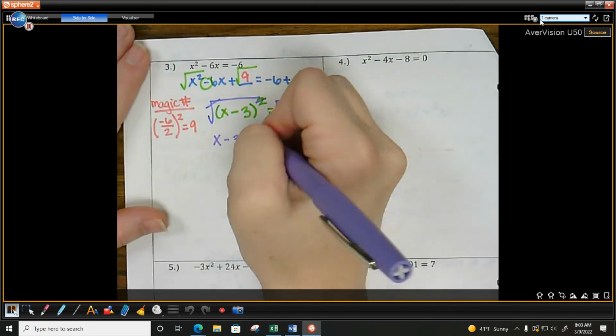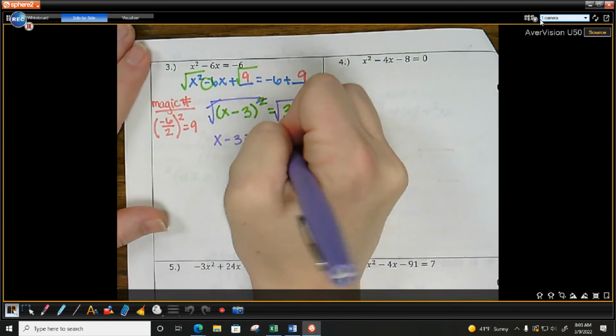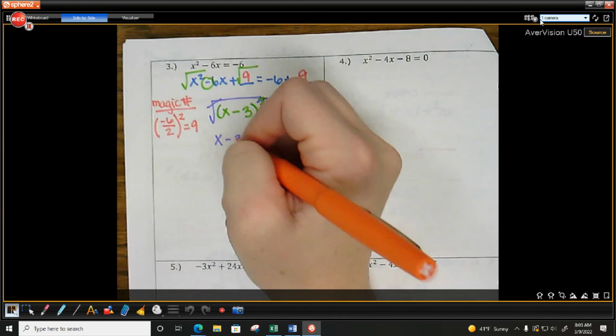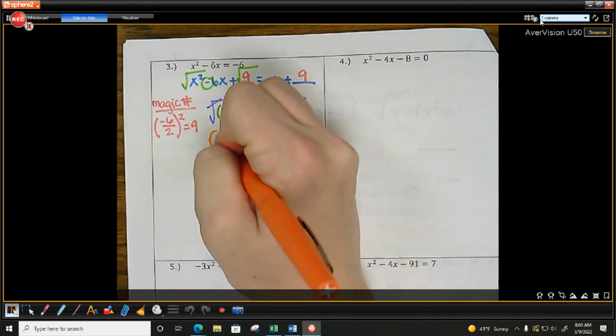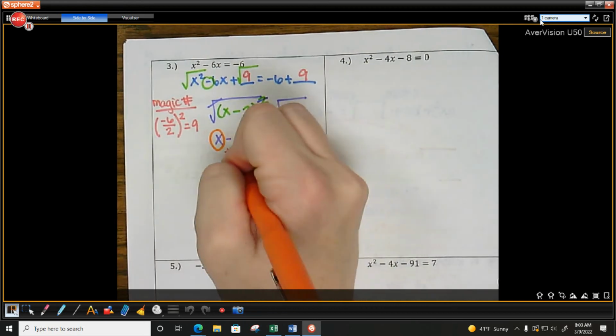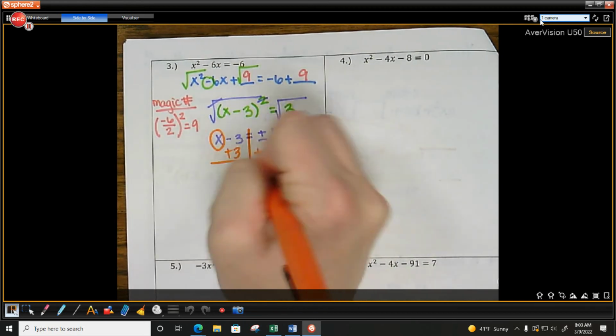Can you simplify the square root of 3? No. Okay. So what do I do next? And how do I do that? Add 3 on both sides. I get x equals 3 plus minus square root 3.